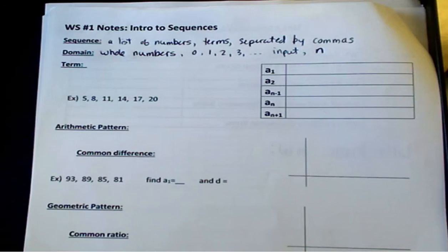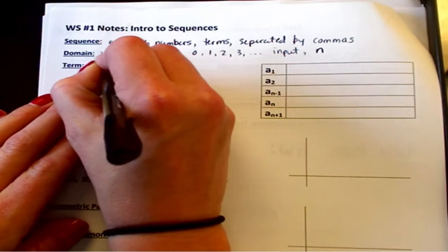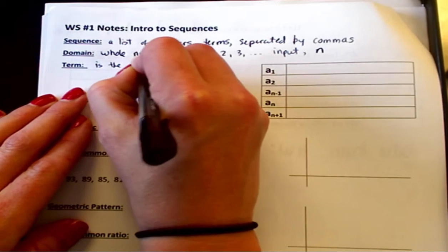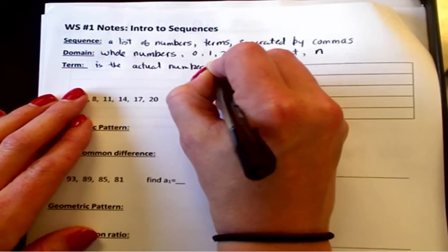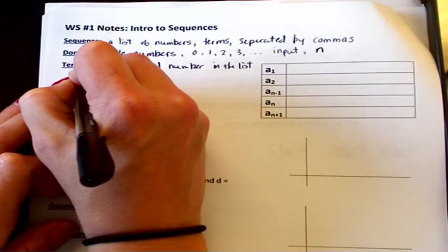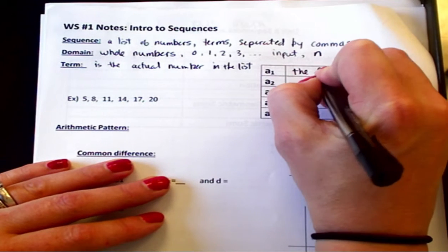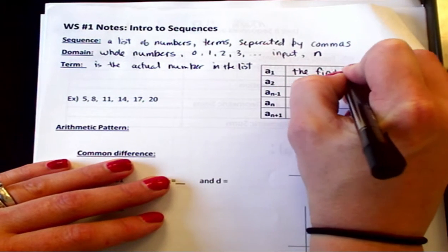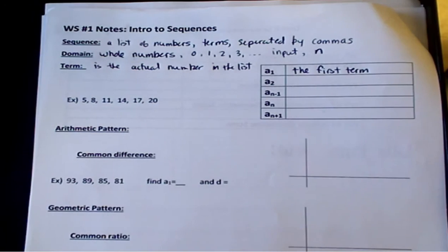The term, that's what we're going to call the output, is the actual number in the list. A sub 1, and our input is going to be the subscript number.